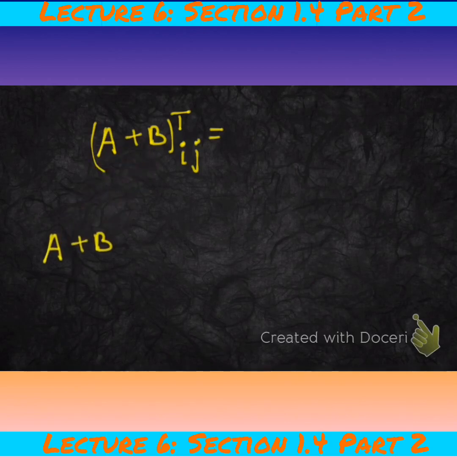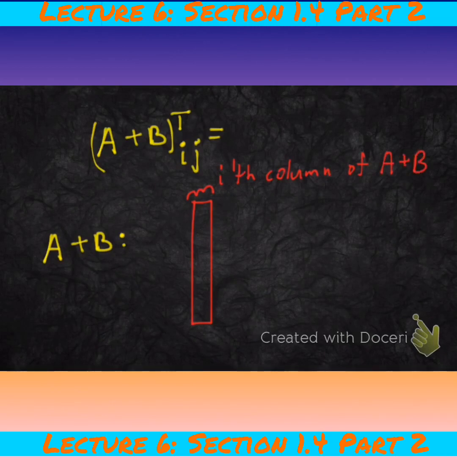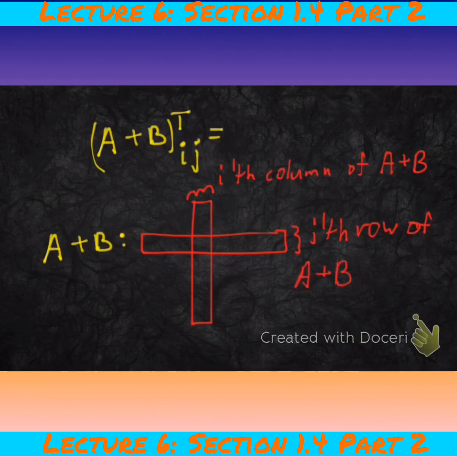If we look at the matrix A plus B, and if we look at the ith column of that matrix, and if we look at the jth row of that matrix, right, then if we take the transpose of A plus B, the ith column of A plus B becomes the ith row of (A plus B) transpose, and the jth row of A plus B becomes the jth column of (A plus B) transpose, which is that there.